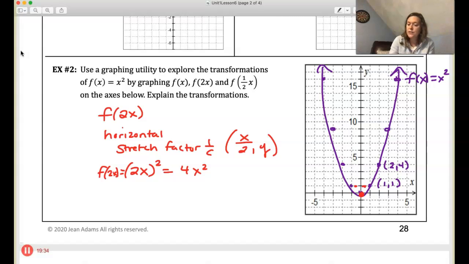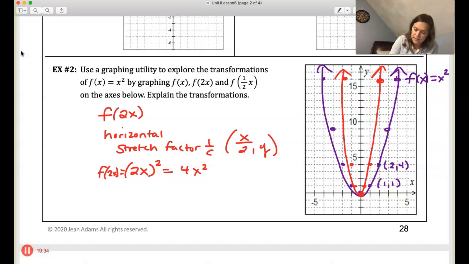If I do the same thing with 2, half of 2 is 1, so now my new point is 1, 4, right there. Up here we were at 3, 9, that one's going to be a little bit uglier, but let's go up to the 4, 16, because that's nicer, because I can take half of 4 and get 2, so then we would be at 2, 16. All right, so there is our new graph.